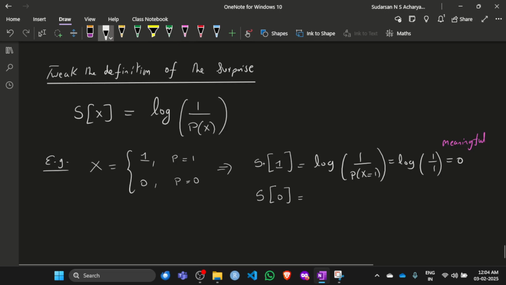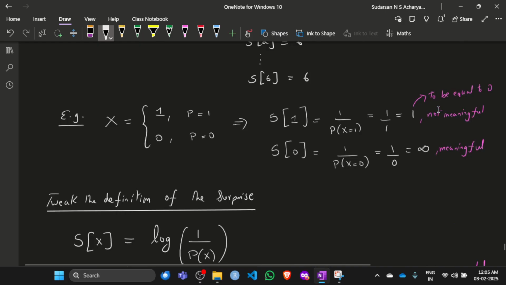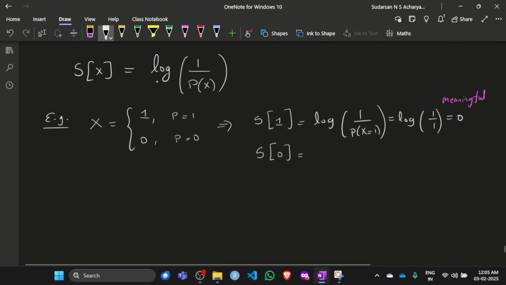What about if the coin shows up tails? Well, we should have infinite surprise. Let's see if now what was not meaningful before has now become meaningful for the surprise associated with the coin showing up heads. How about the surprise associated with coin showing up tails? So let's write this down.